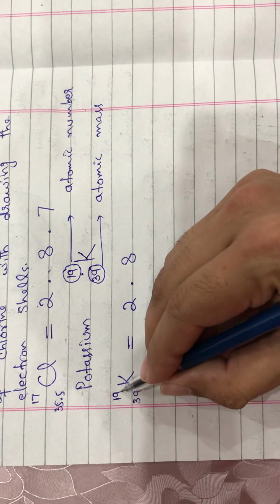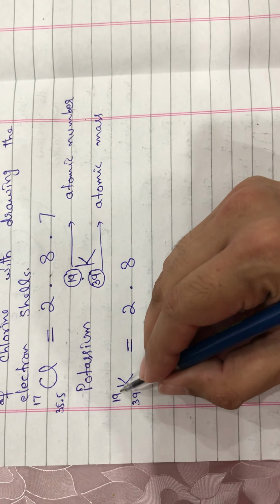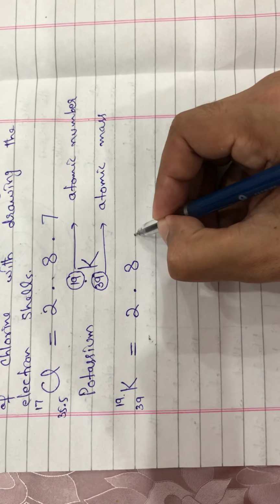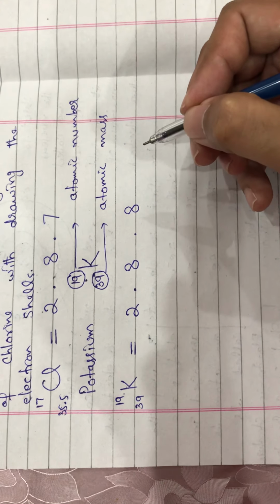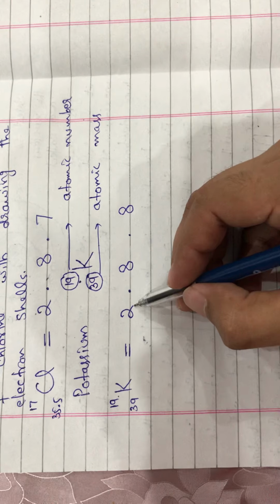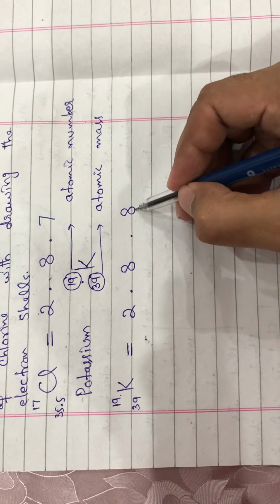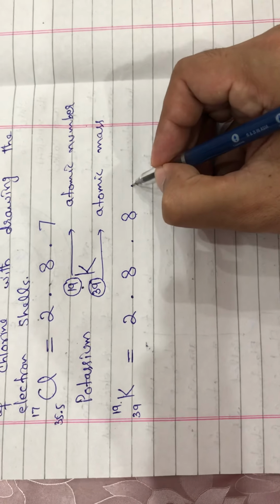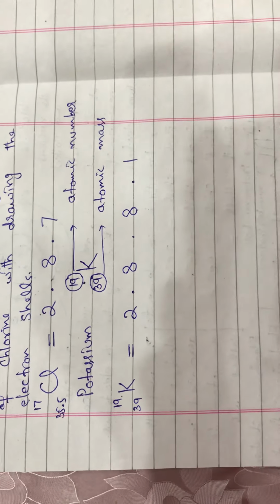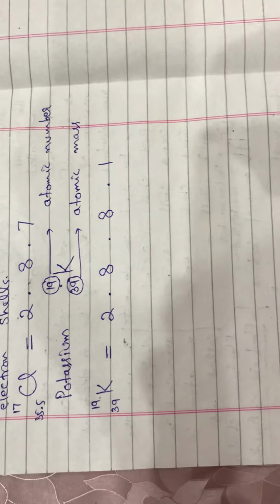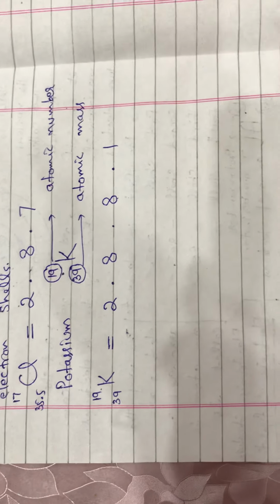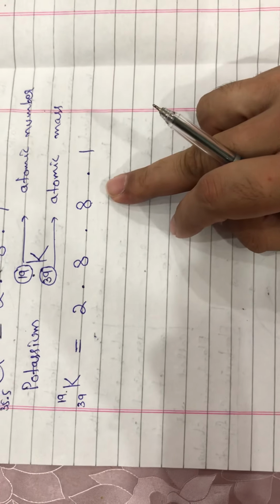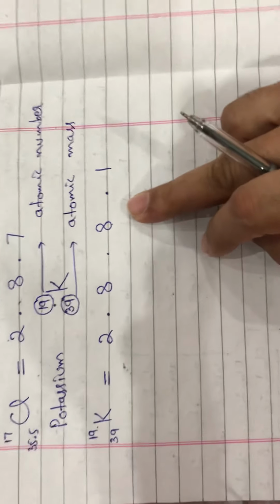How many electrons are left? 9 electrons. So the third shell can also contain how many electrons? 8 electrons. So in total we have 2 plus 8, 10, plus 8, 18, and the last shell contains how many electrons? 1 electron.